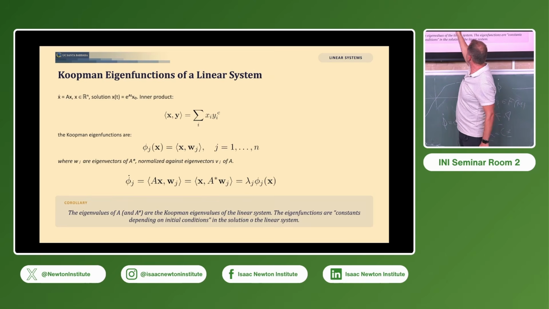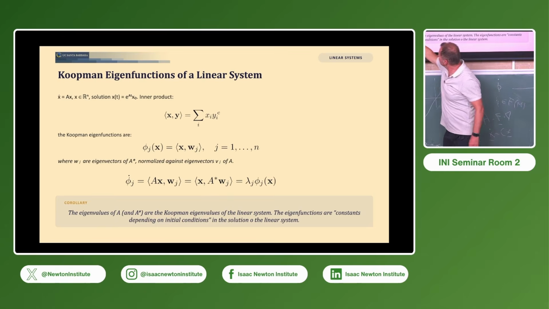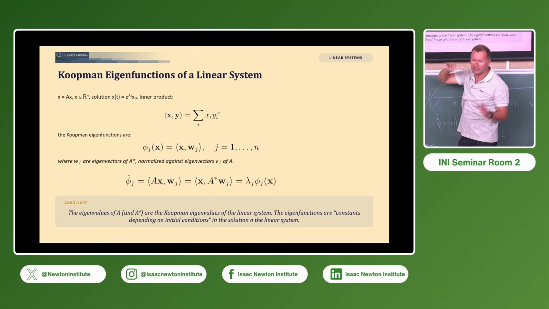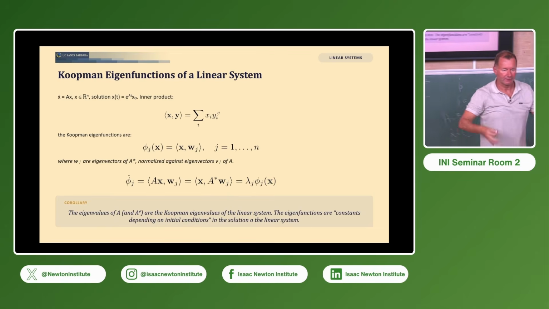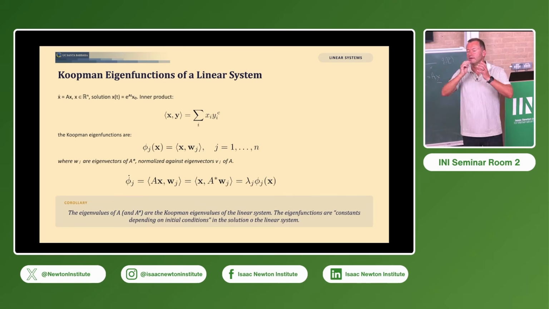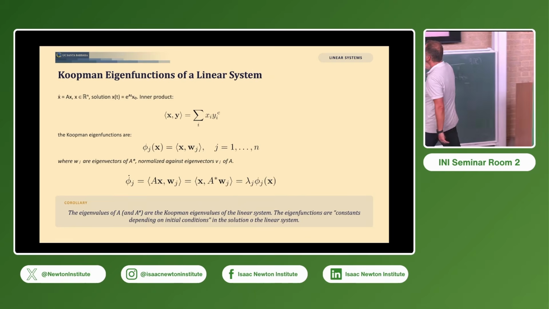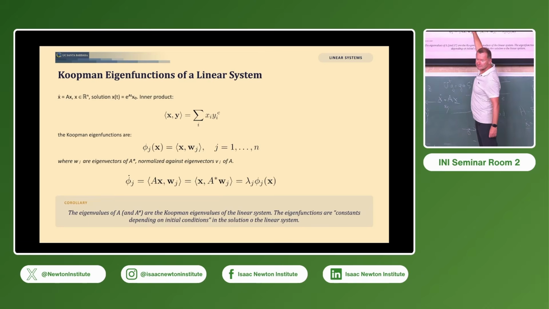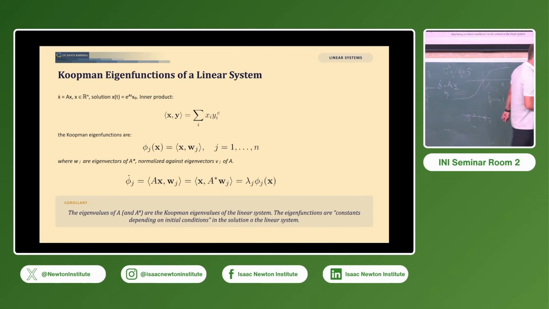The complex conjugate goes out as its complex conjugate, right? Lambda j itself. And then you multiply phi j, so phi j dot is lambda j phi j. That's our eigenfunction equation. Linear systems like x dot equals Ax have linear eigenfunctions, right? They're linear in x.